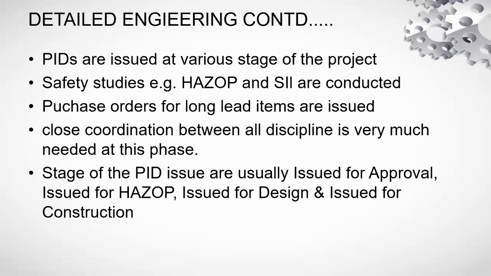Now, the stages of issued for design and issued for construction usually come after 12 or 14 months of the project having started, and it is expected that the vendor data, including for control valves, safety valves, or all other bulk items like pumps, compressors, turbines, other utility packages, cooling tower, and if it involves the nitrogen utility generation plant and instrument air, is available by this stage, probably from 12 months from the start of the project.